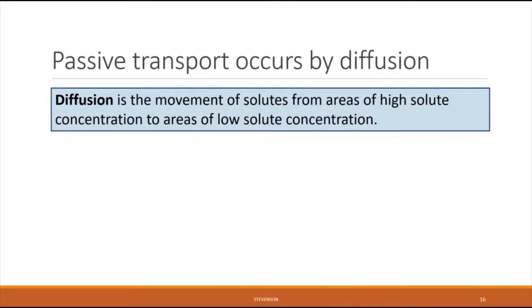We know that living organisms are mostly composed of water. Water is found both inside and outside of their cells, and so therefore molecules in living organisms are essentially synonymous with solutes.